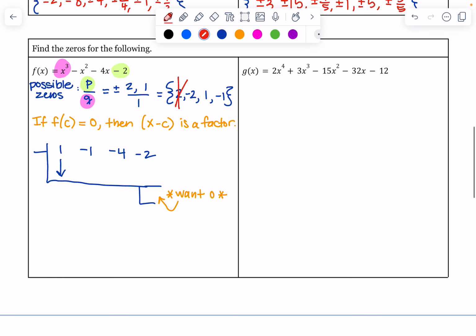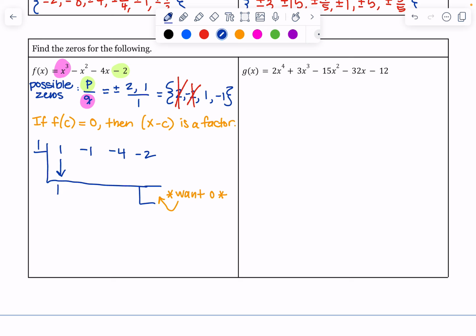So next, let's try -2. So I still want a 0 in the end. I'm going to bring down that first term, multiply and add, multiply and add, multiply and add. I did not get a 0 in the end, so I'm going to mark off -2, erase everything, and we're going to try a different 0 and see if we can get something to work. So let's try +1.